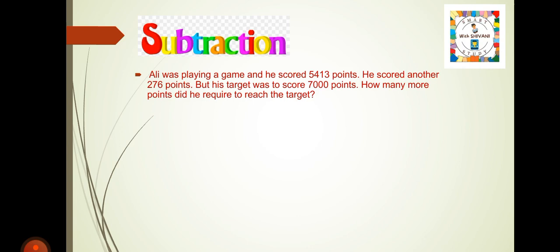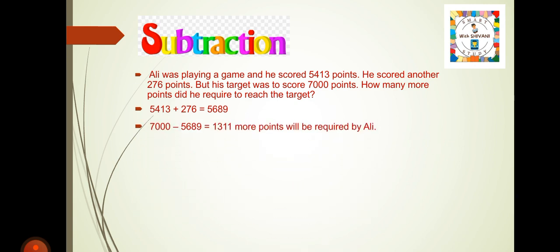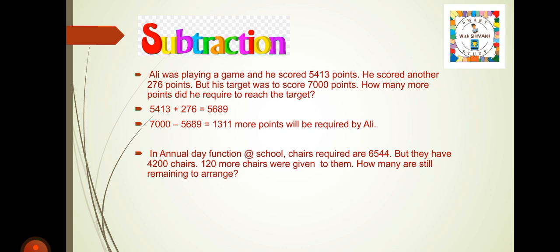Now another means we have to do addition. So 5413 plus 276 will give us 5689. But how many more is the keyword for subtraction. So now we will subtract 5689 from the 7000. So we will get the required points to reach. That will be 1311.